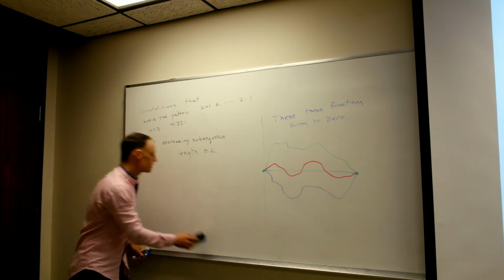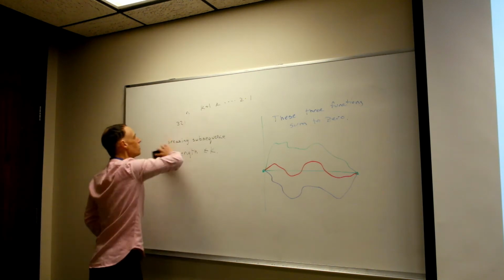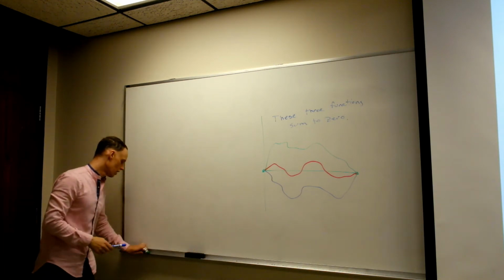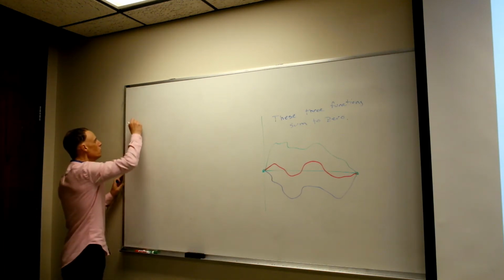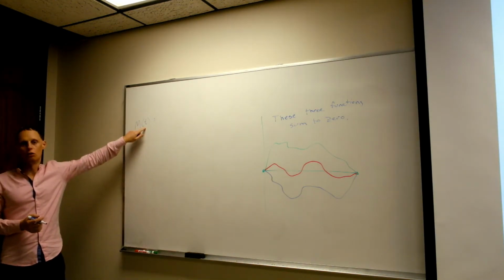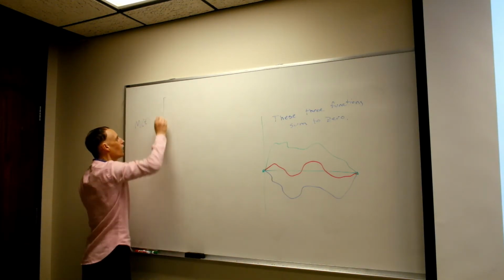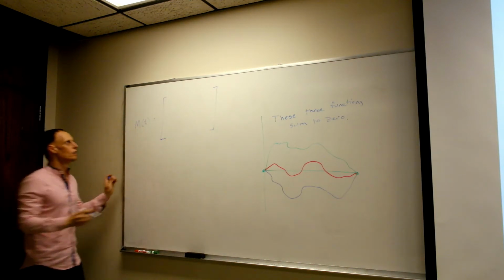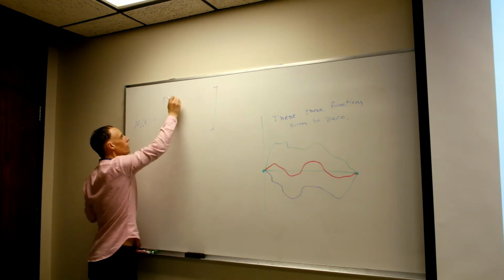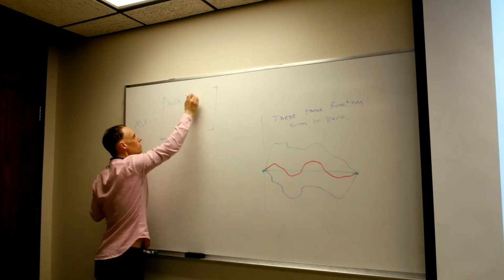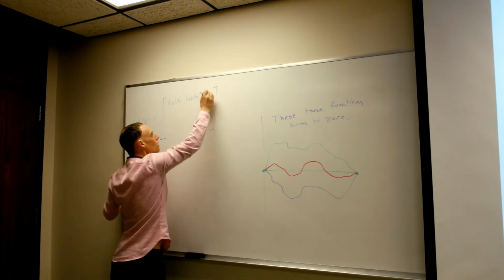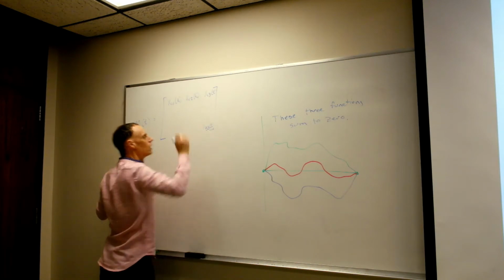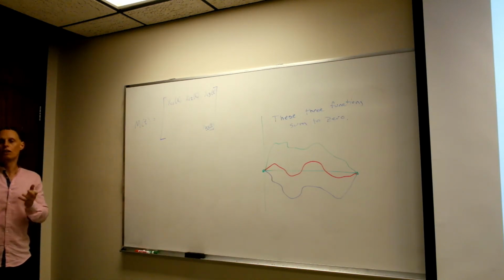And how am I going to do this? I'm going to do this by constructing a matrix. I want a matrix M of t, with t going from 0 to 1. I want 3 paths, so I'm going to choose a 3 by 3 matrix. So I've got x11 of t, x12 of t, and I have to fill all these in.